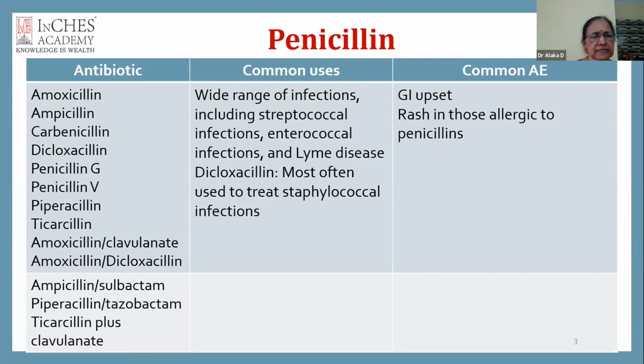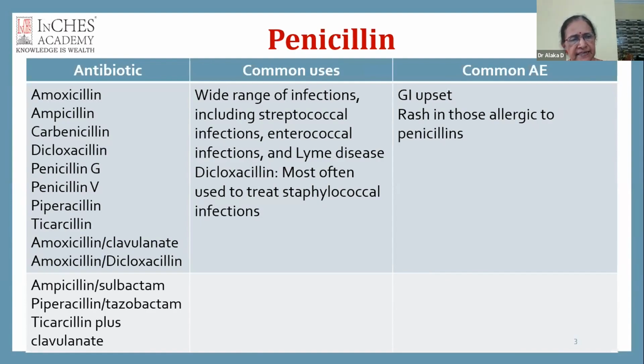Penicillin was discovered by Alexander Fleming, and after that penicillin was inadvertently used, and therefore penicillin resistance emerged within a few months to a year. So there was a search for newer penicillins.